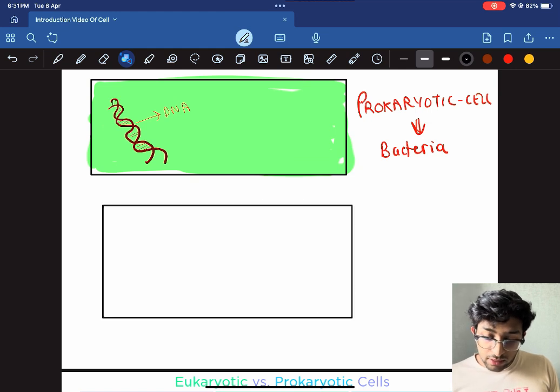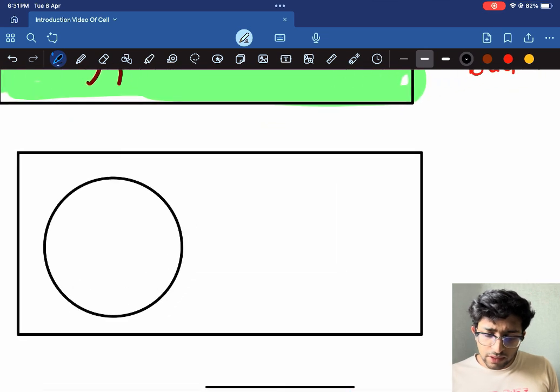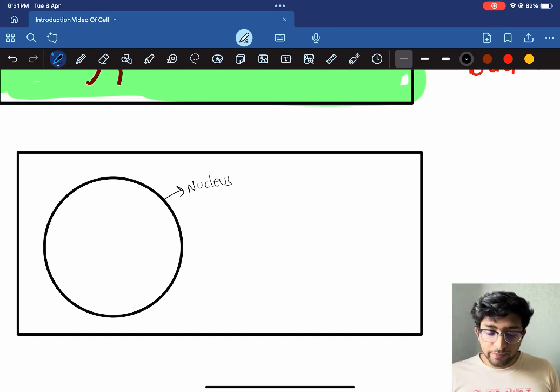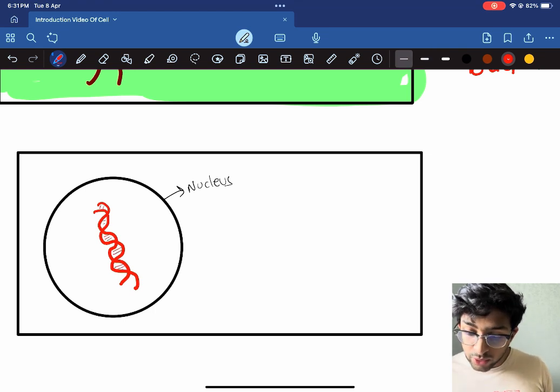Now if you see another cell which has a circle, what is it? It's a nucleus. Now you will ask, sir, what is the nucleus? The nucleus is like the principal of the school, right? It checks all the activity, and inside the nucleus is our DNA, which is stored and placed safely. And do you remember the city map which I told you about?